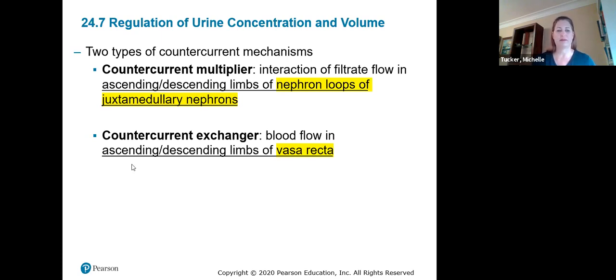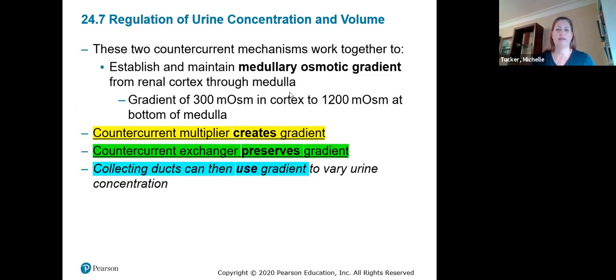Then we'll talk about the countercurrent exchanger, where we have blood flow that also runs in different directions in the vasa recta. These two countercurrent mechanisms work together to establish, that's the countercurrent multiplier, and maintain, that's the countercurrent exchanger, a medullary osmotic gradient.